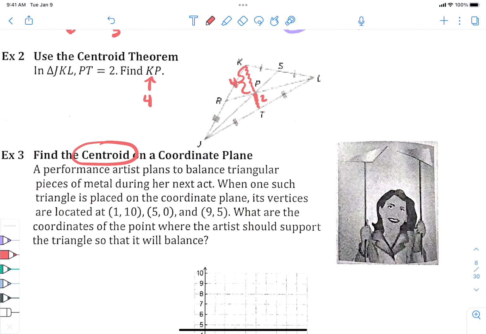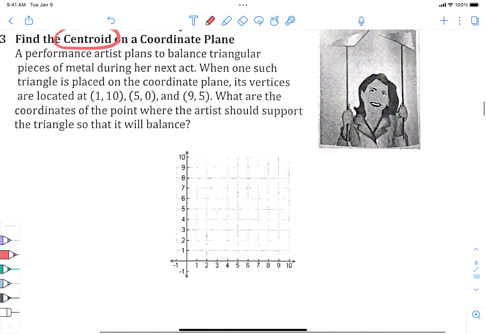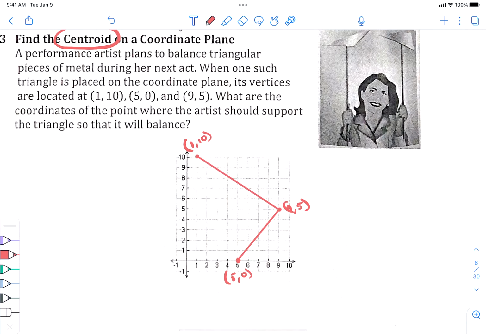So anyway, we're going to plot these points that they give us in this paragraph: 1, 10; 5, 0; and 9, 5. And we're going to connect those. So 1, 10, 5, 0, 9, 5, and there they are. They want us to find the centroid.